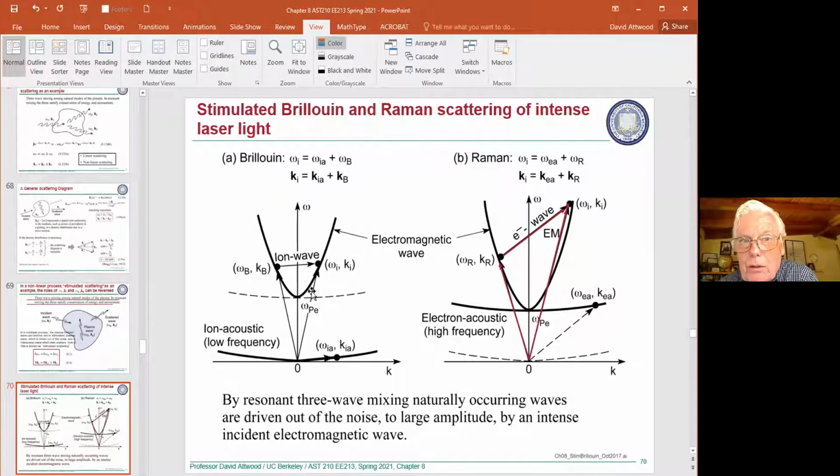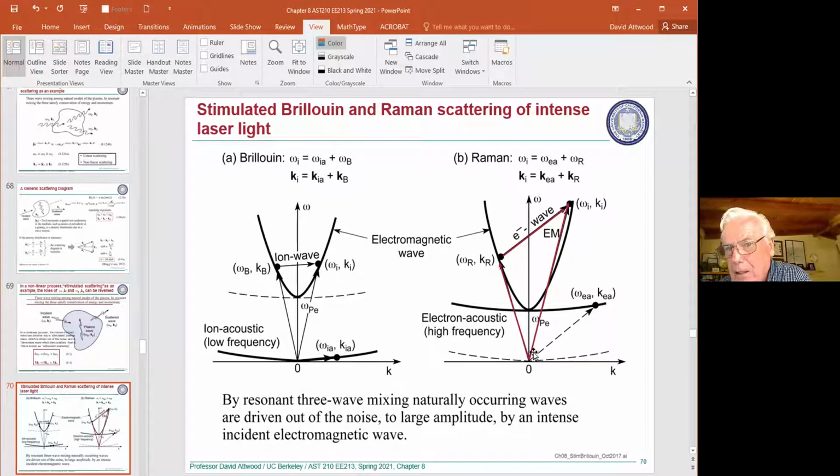Because the frequency shift wasn't very much. But in the Raman case, the incident wave frequency is equal to the electron acoustic wave frequency plus this outgoing so-called Raman wave, the stimulated scattered wave, at that frequency. And the electron acoustic wave is at the plasma frequency. So this is going to cause a big shift.